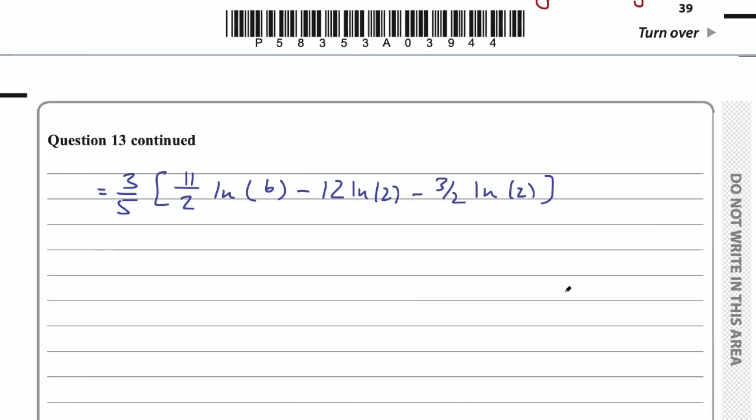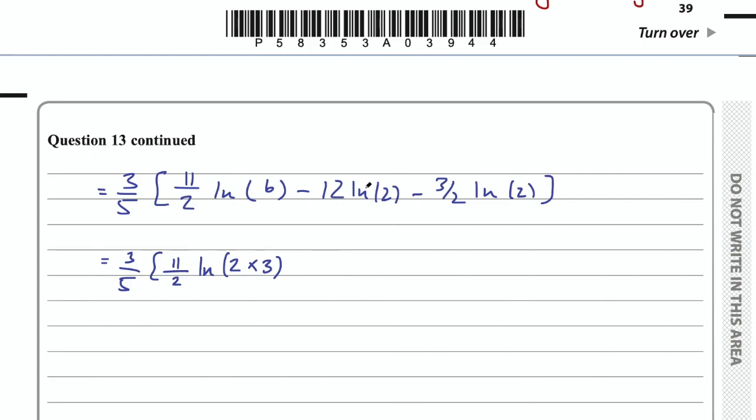Okay, continue simplifying. And also here I'm going to do another tricky step. I'm going to split this 6 up into 2 times 3. So this is 3/5 multiplied by 11 on 2 times log of 2 multiplied by 3. And that's going to split up that 6 into log 2 and log 3.